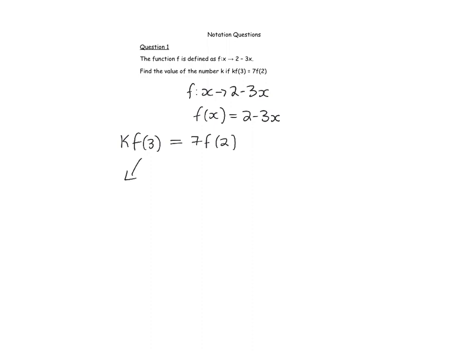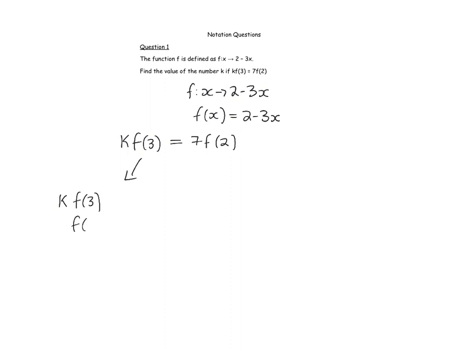The first thing I'm going to do with this one is rewrite it. So we have f: x goes towards 2 minus 3x. I'm going to rewrite this as f of x is equal to 2 minus 3x. Now, in this question, it talks about k f of 3 is equal to 7 f of 2. Firstly, I'm going to figure out what k f of 3 is. So this is going to be k, and then f of 3.